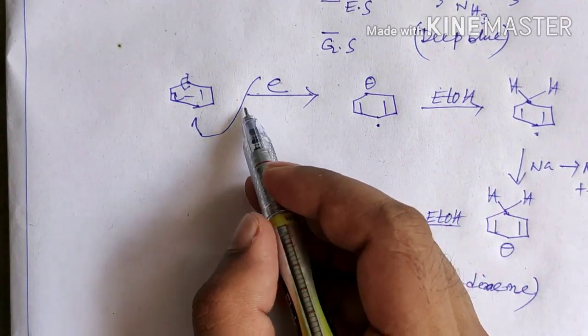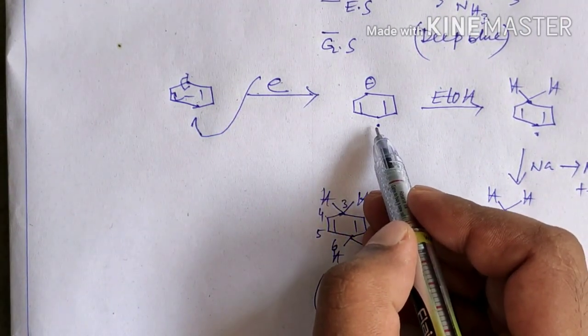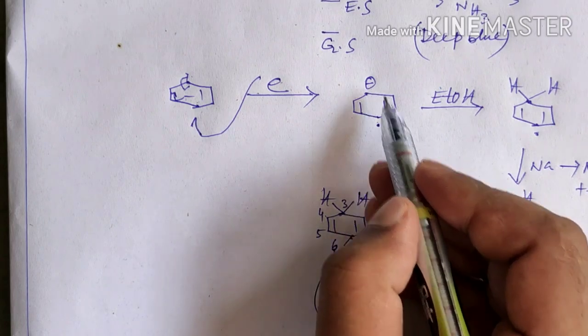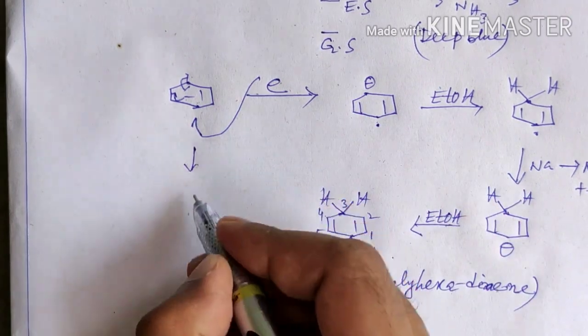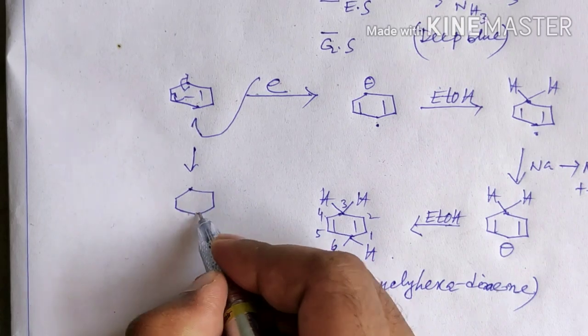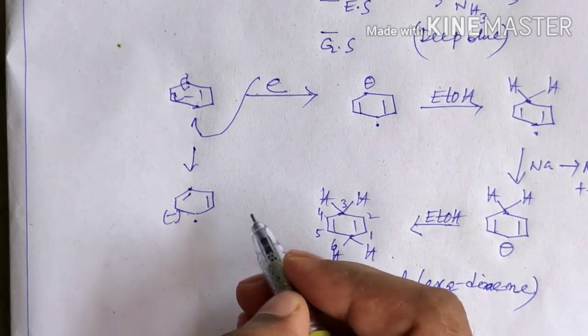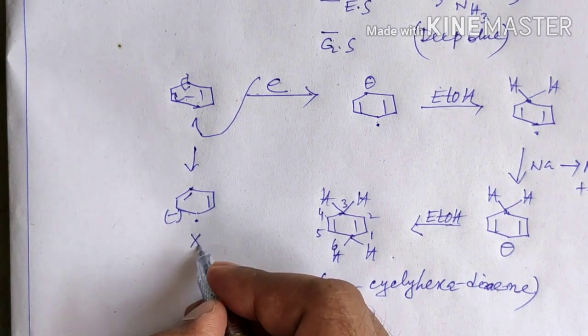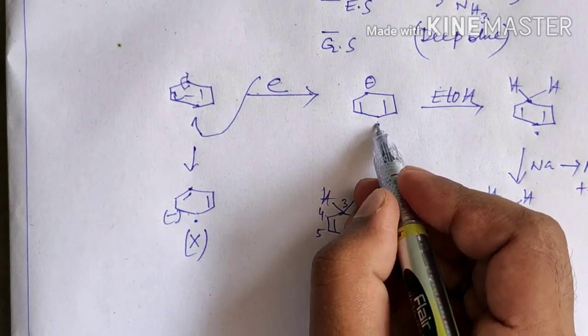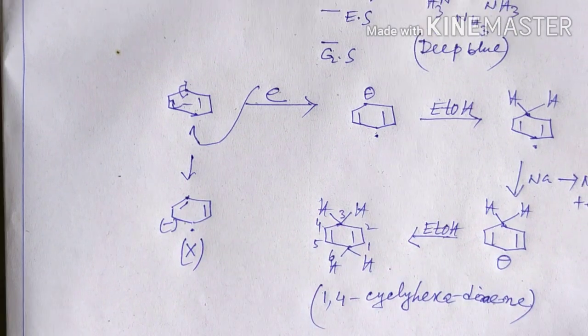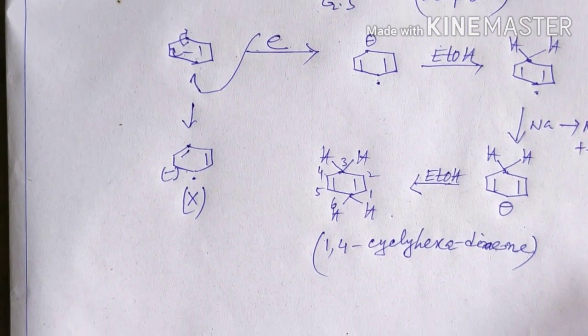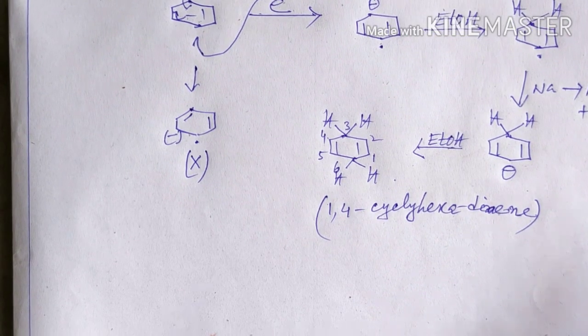Now the question is, why does the electron attack and generate this 1,4 radical anion, and not the 1,2, that is radical here, anion here. It is not formed. It generally forms the 1,4 radical anion. This query can be resolved according to computational theory.